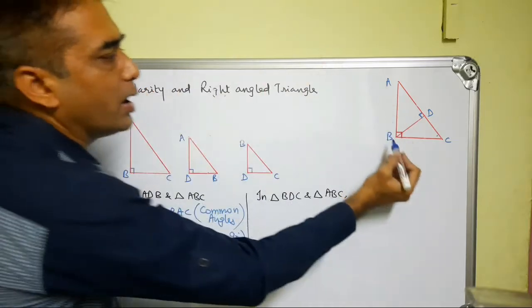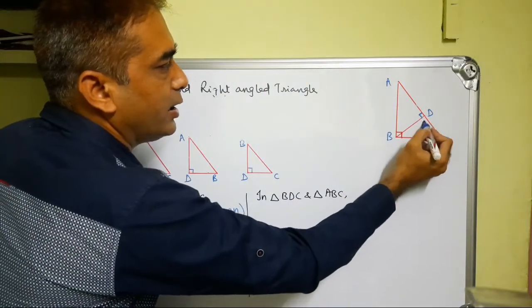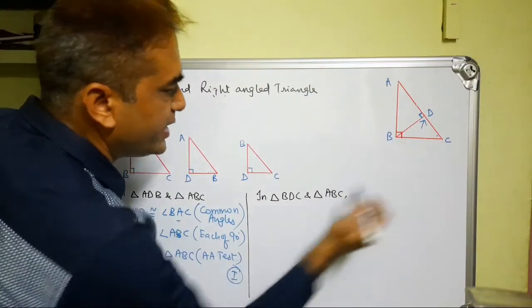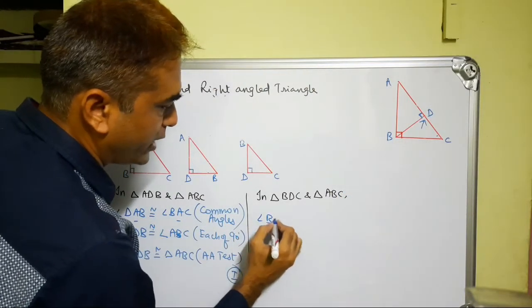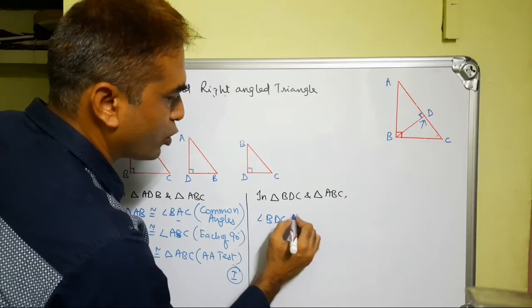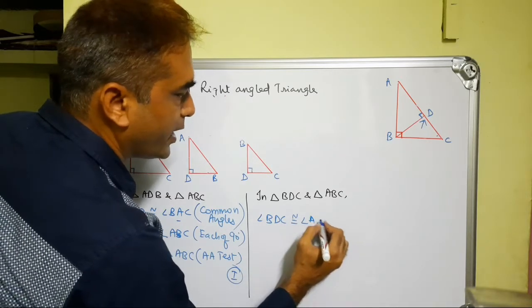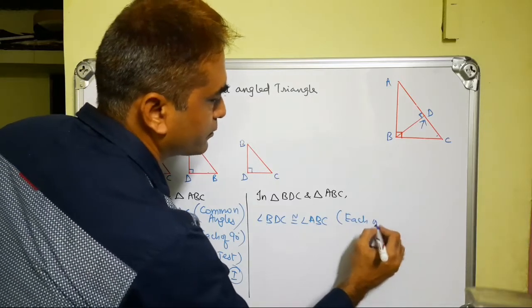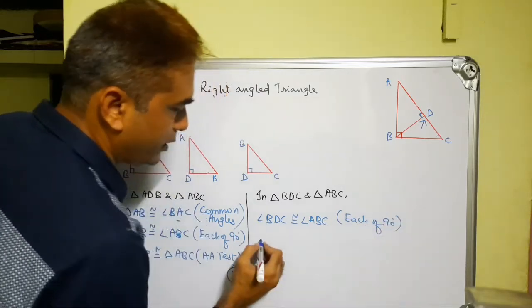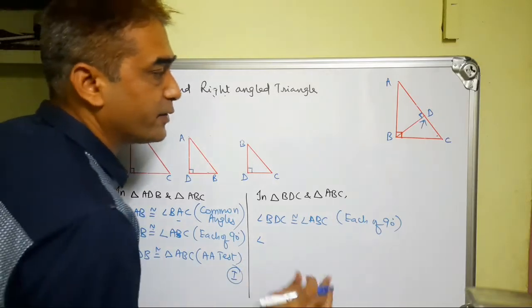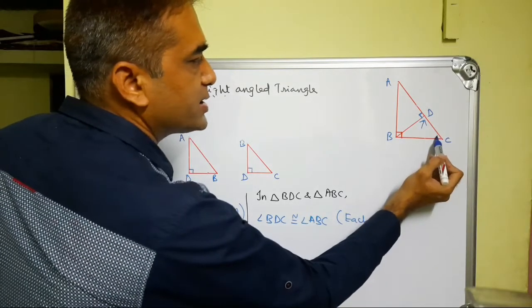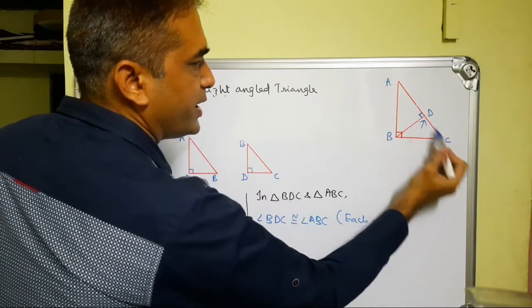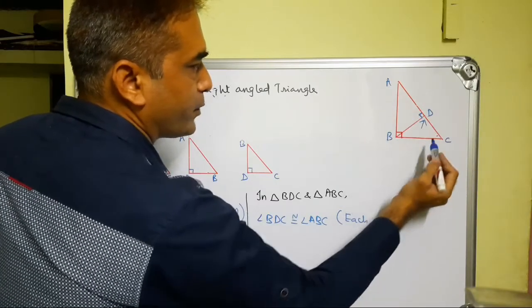So here angle BDC is the right angle and angle ABC is the right angle. So angle BDC is congruent to angle ABC, each of 90 degrees. And which is the common angle? C is the common angle. It lies in both the triangles, in triangle BDC and triangle ABC.